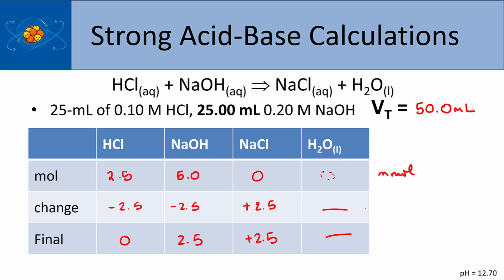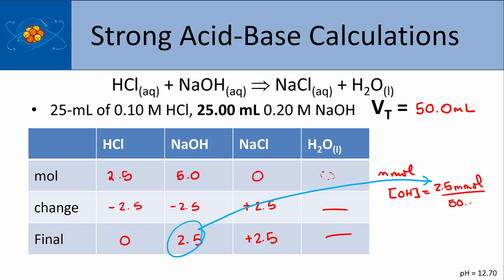So what do we need to do now? Well, we need to calculate pH, and the easiest way to do this is probably to first do pOH. So to do pOH, we're going to say concentration of hydroxide is 2.5. That's from here. And that's millimoles, right? Divided by 50 milliliters.